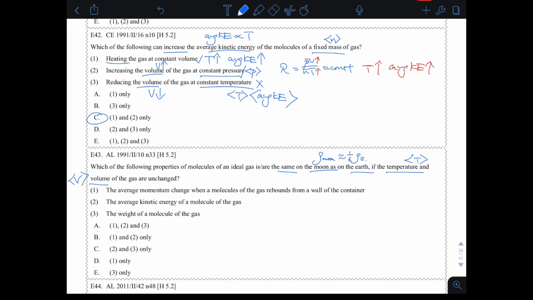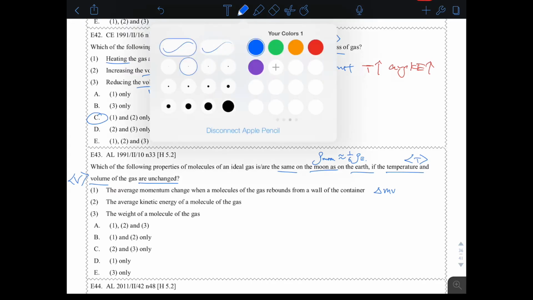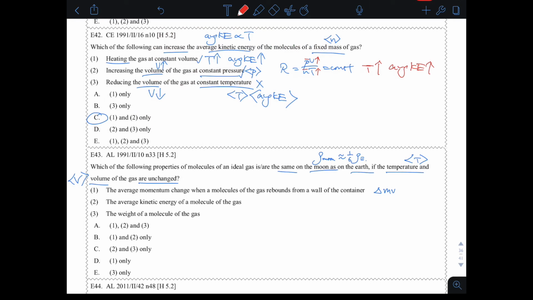And then the average momentum change, is it unchanged? The momentum change is delta m small v. We know that m is always the same because we are using the same gas, and v will not be changed because temperature is no change. Therefore, this whole thing is unchanged. That means the average momentum change is unchanged.